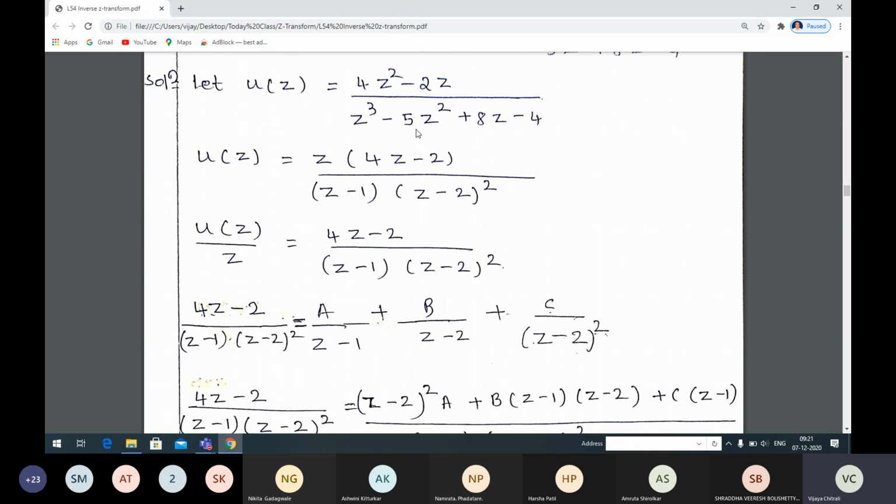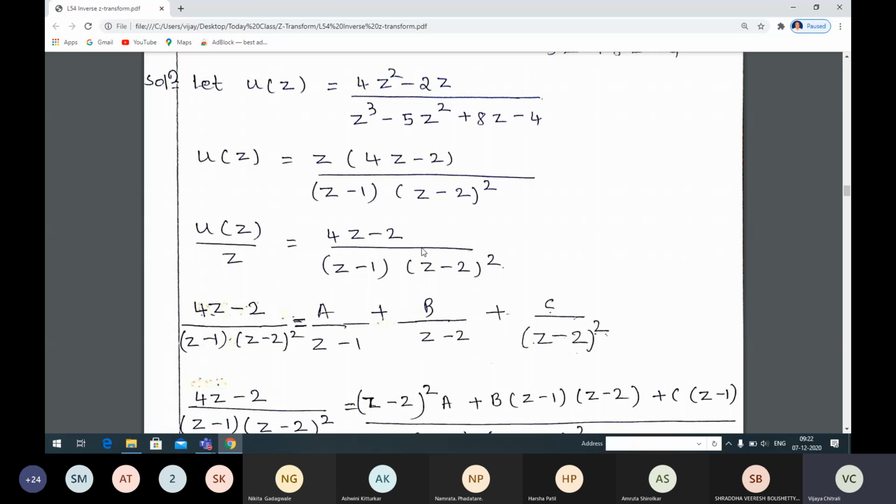z cube minus 5z square plus 8z minus 4, which we can write as z minus 1 into z minus 2 raised to 2. Means the factors of this are z minus 1 and z minus 2 raised to 2, right? So U(z) divided by z is 4z minus 2 divided by z minus 1, z minus 2 raised to 2.